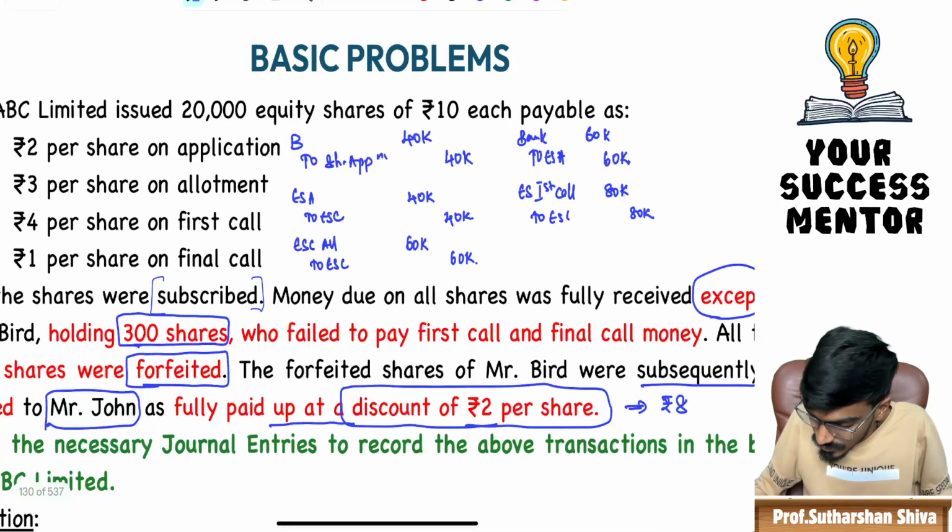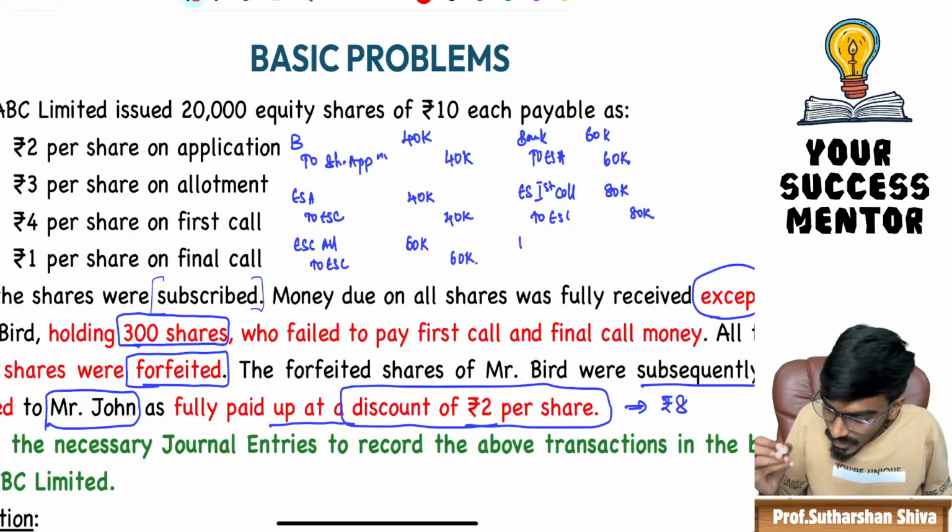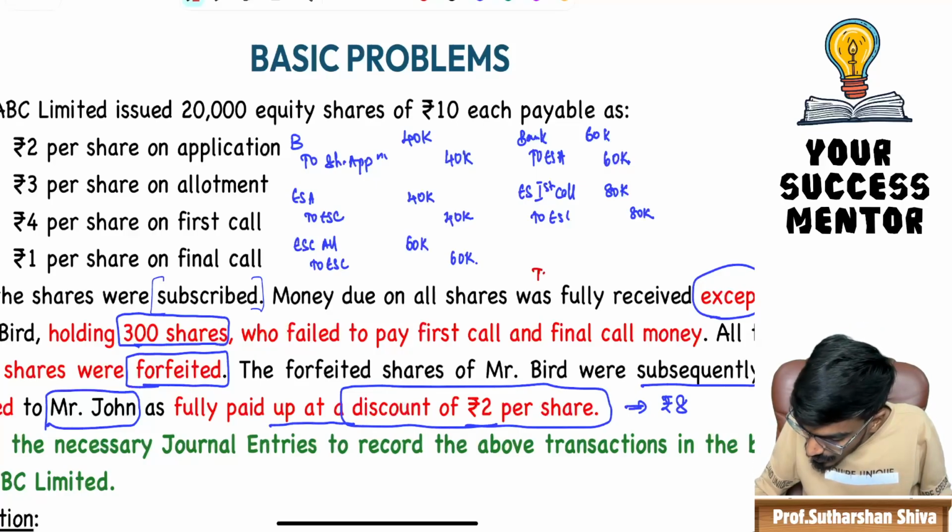Now the call receipt entry. Bank account debit. Listen, I will tell you this entry. Always write equity share first call, and put 80,000. How much are you receiving?